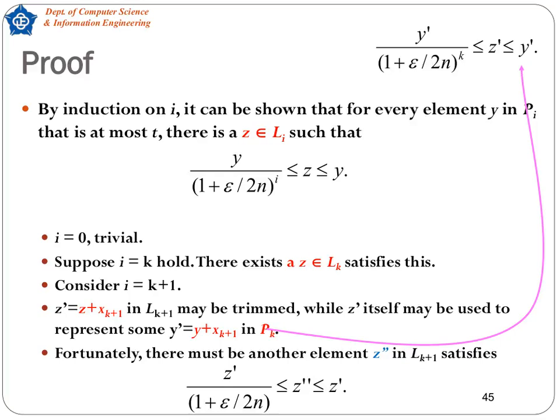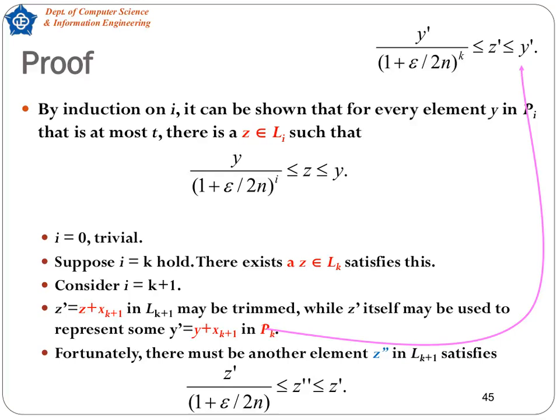Now consider i equals k plus 1 and pick any element y' in P. By construction, y' equals y plus x for some y in P. From our hypothesis, we choose z in L so that y divided by 1 plus epsilon over 2n is less than or equal to z is less than or equal to y. When we add x to z, we get z plus x in L. The trimming step may replace it by a nearby value, but it guarantees another element, z', in L, with z' divided by 1 plus epsilon over 2n is less than or equal to z' is less than or equal to z plus x.